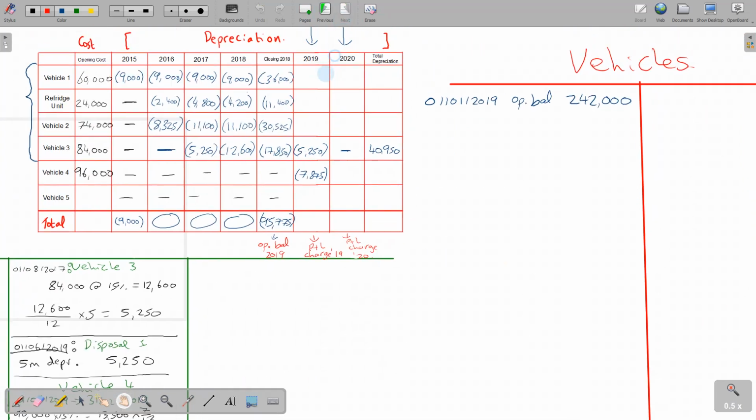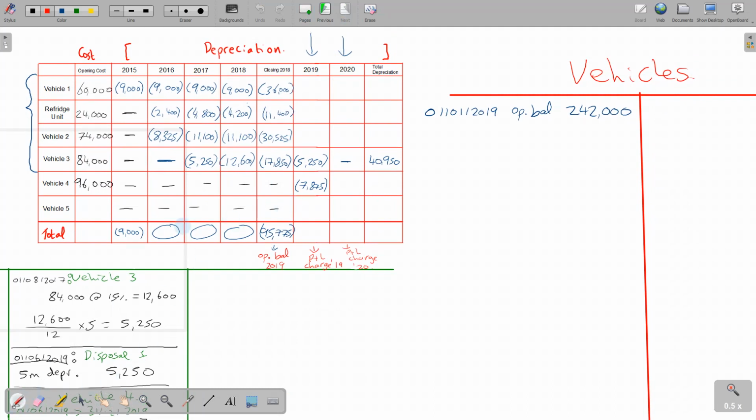Now we also need to get depreciation charge. So nothing happens to vehicle number 1, so we charge a whole year's depreciation again, 9,000. Nothing happened to vehicle 2, so that's 11,100. And nothing happened to the refrigerating unit, so this is actually 3,600.